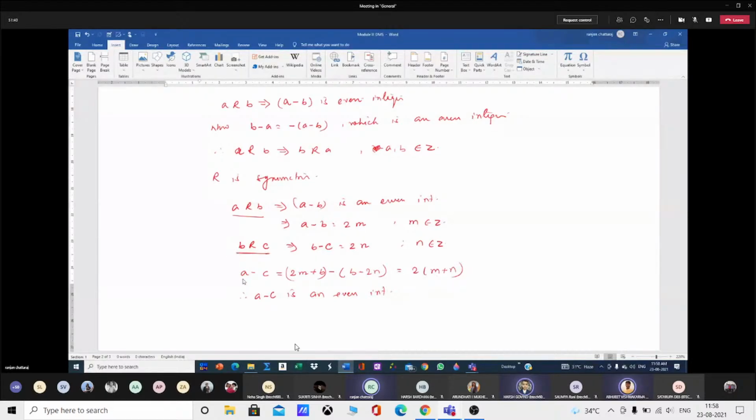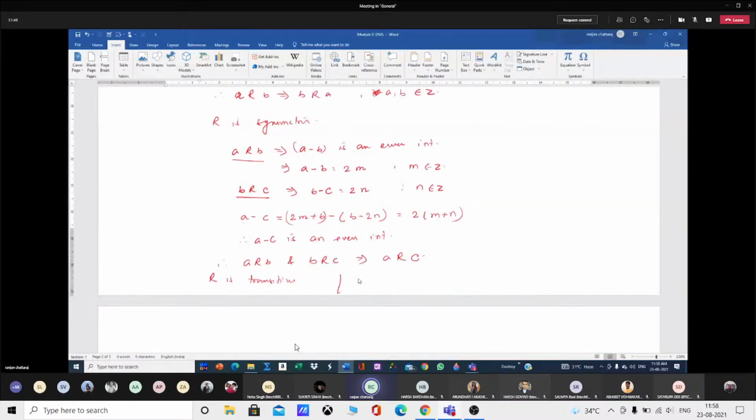R is transitive, and from here R is an equivalence relation.